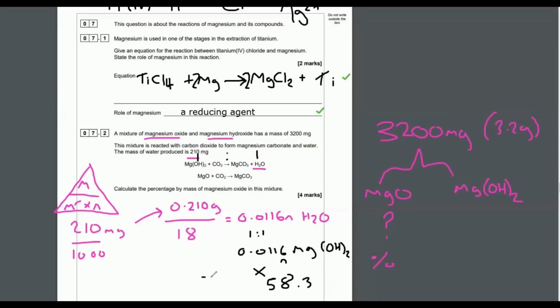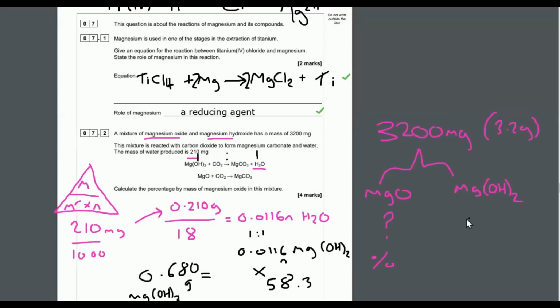And the mass of magnesium hydroxide is going to be 0.680, and that is our mass of magnesium hydroxide. So that is grams. So we now have that, and that is Mg(OH)2. Now, there's a couple of ways you can go from here.